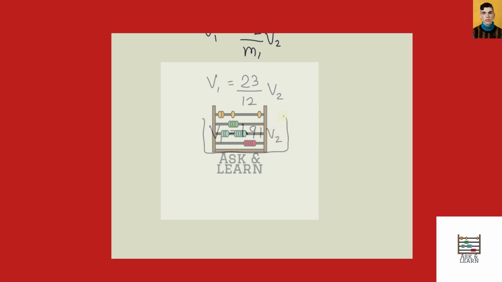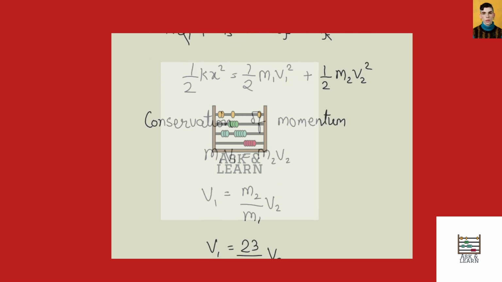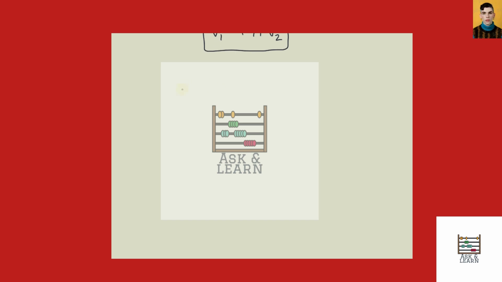Now we will plug this v1 into the conservation of energy equation. Then my equation will turn out to be half kx square is equal to half m1 times (1.91 v2) square, with the square outside of the bracket, plus half m2 v2 square. Now we will put the values.